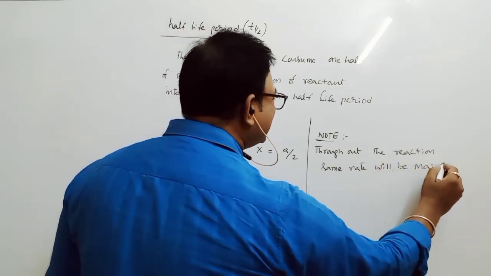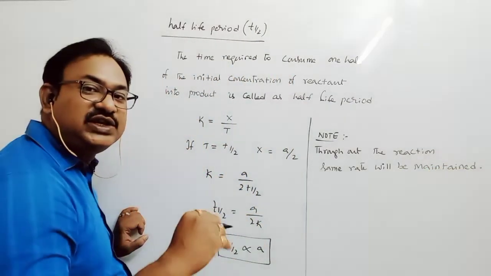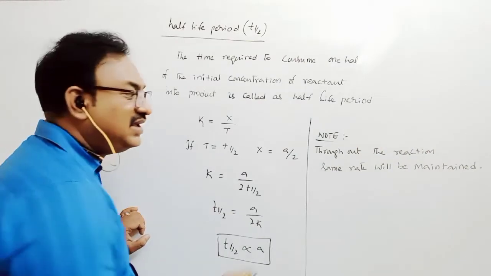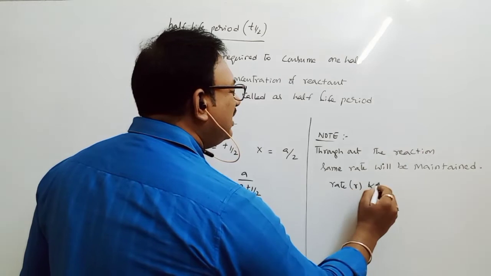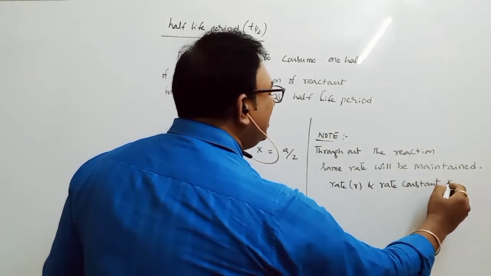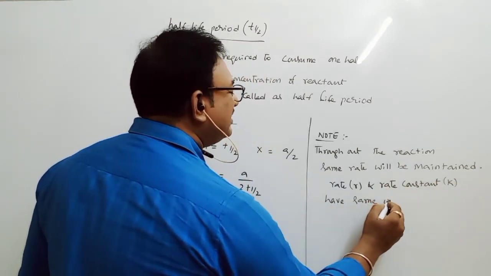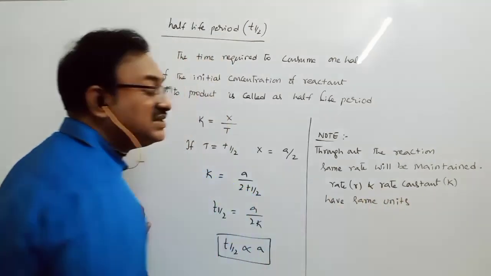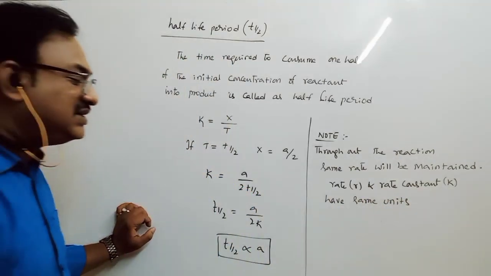That is the characteristic of zeroth order reaction. Throughout the reaction, same rate is maintained. Next, rate and rate constant have same units. Now this is the second aspect.